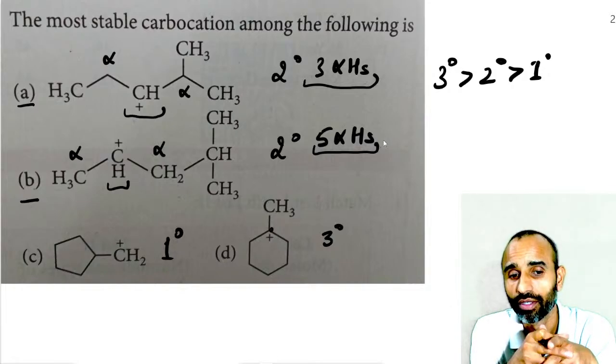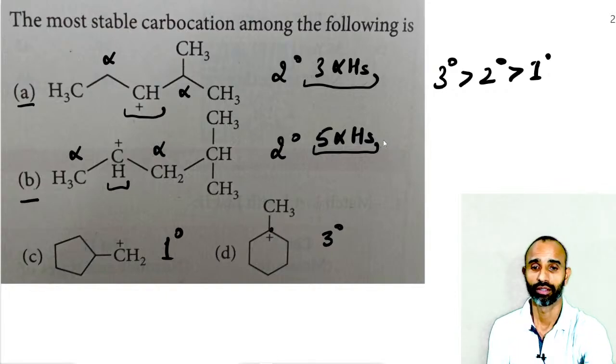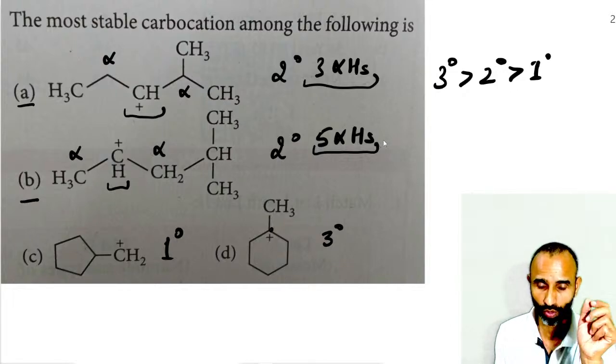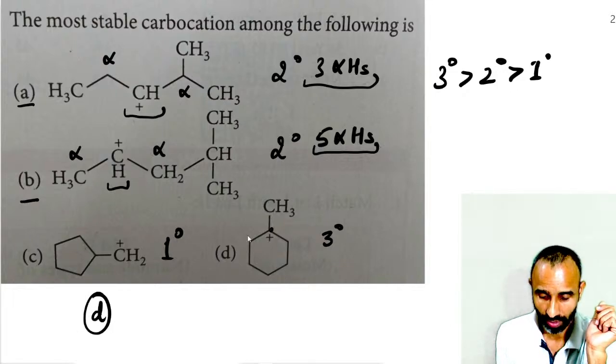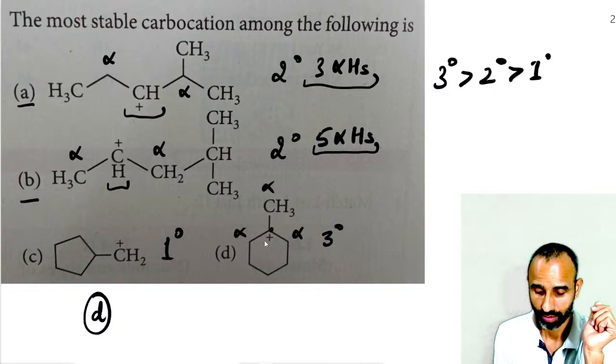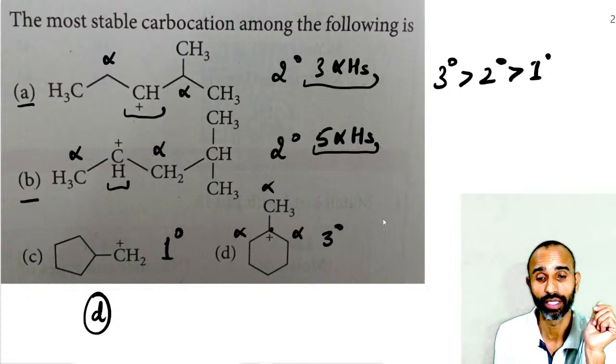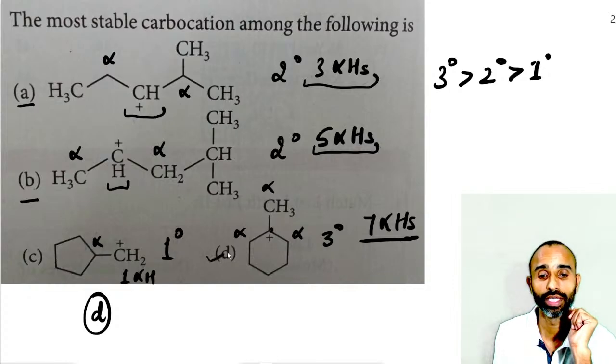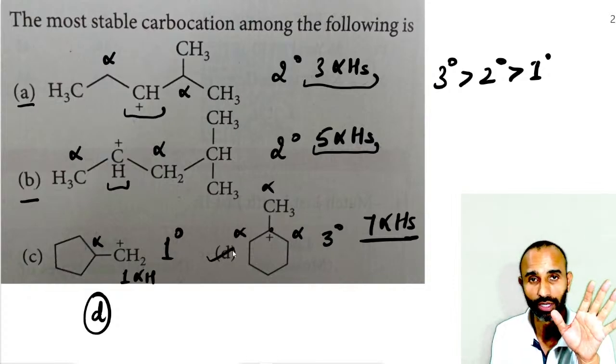That's why B is more stable than A. But out of these four, D is more stable because there are total 2 plus 2 plus 3, 7 alpha hydrogens. In this case, there is only one alpha hydrogen. So that's why D is most stable.